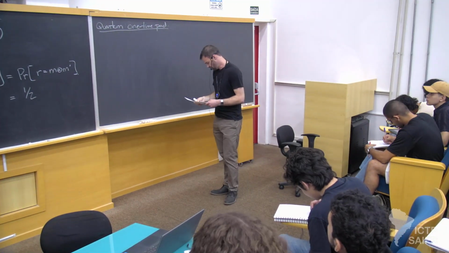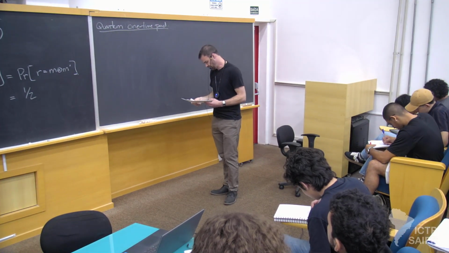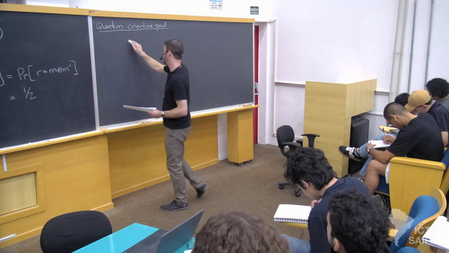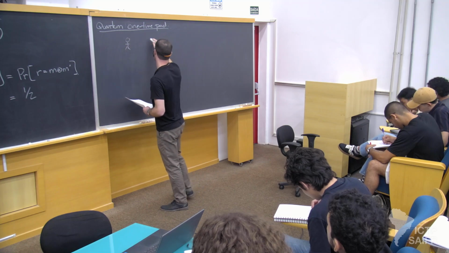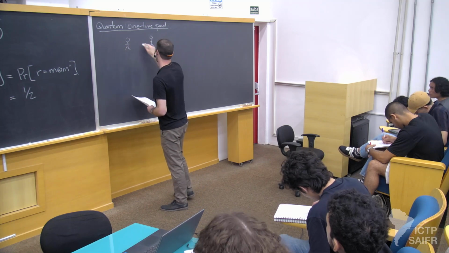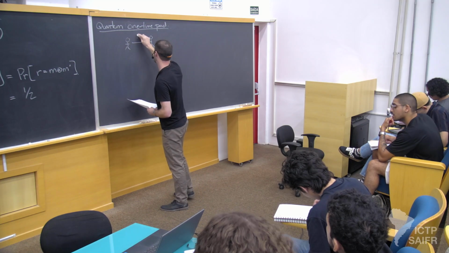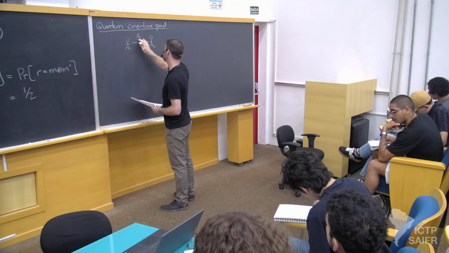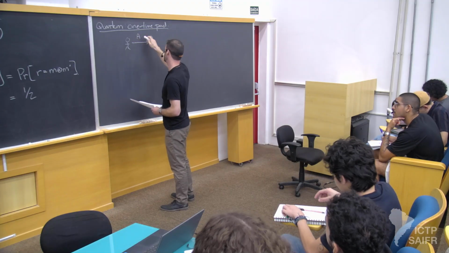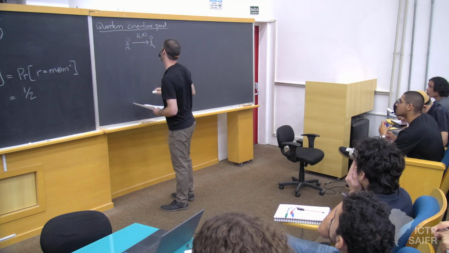Okay. So now we again have our Alice and Bob, and now they're trying to send some quantum state, say some quantum system A, which is in some state psi.